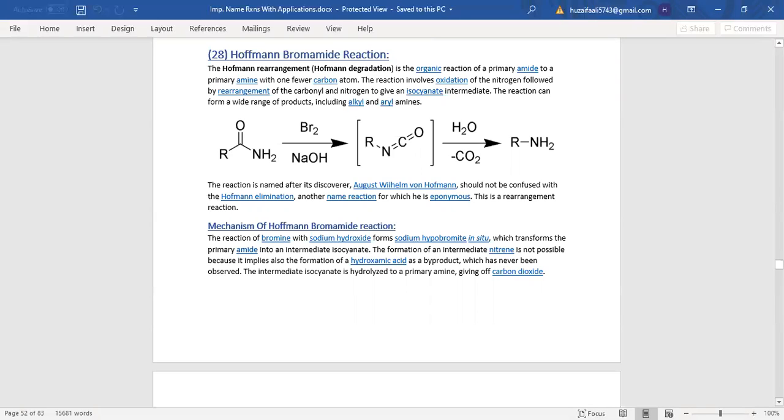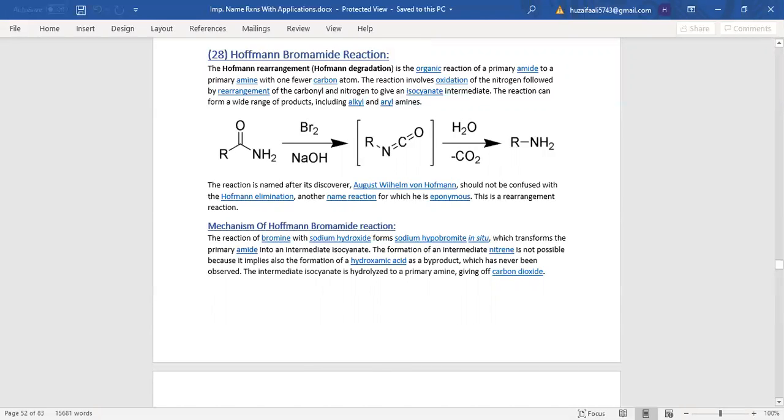Hofmann bromamide reaction. The Hofmann rearrangement is the organic reaction of a primary amide to a primary amine with one fewer carbon atom. The reaction involves oxidation of the nitrogen followed by rearrangement of the carbonyl and nitrogen to give an isocyanate intermediate. The reaction can form a wide range of products, including alkyl and aryl amines.